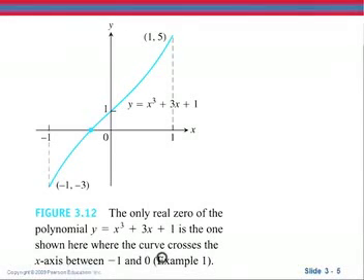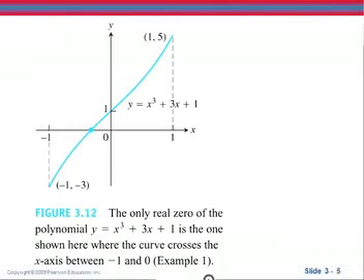Now we can use that theorem to show that there's only one 0 of the polynomial y equals x cubed plus 3x plus 1 between -1 and +1. Okay, so if we wanted to show that there was only one real 0 here, then what we would do is we would combine Rolle's theorem with the intermediate value theorem.